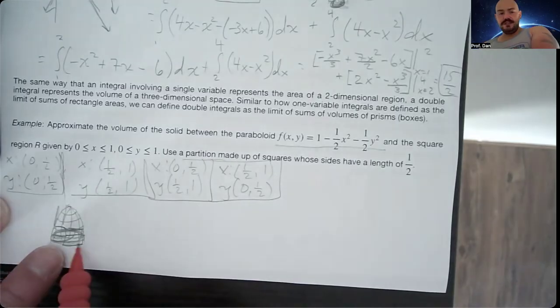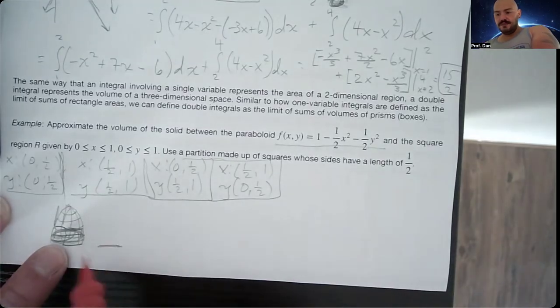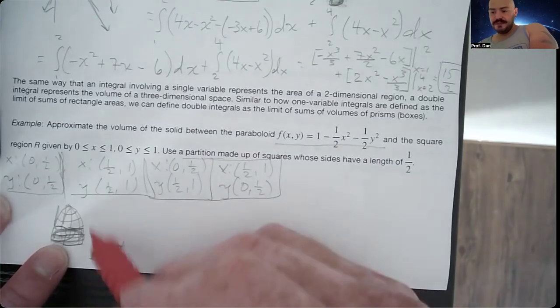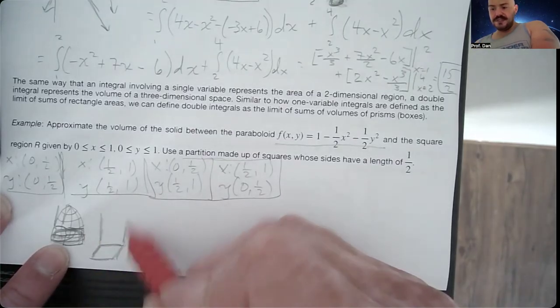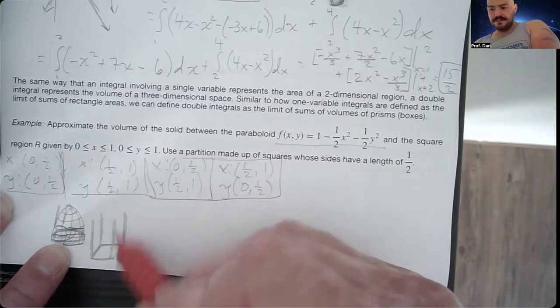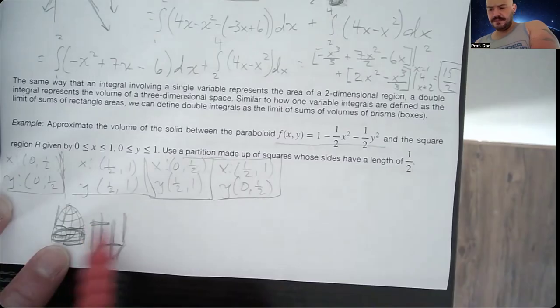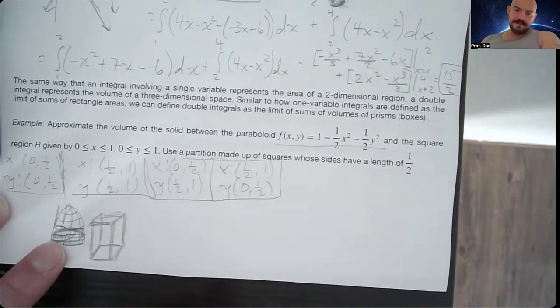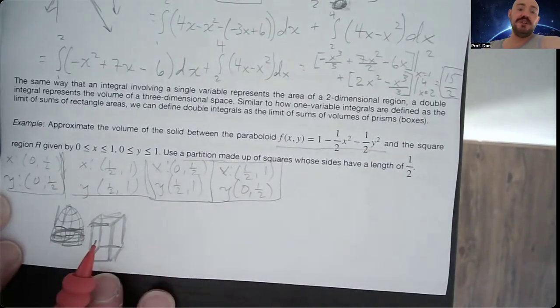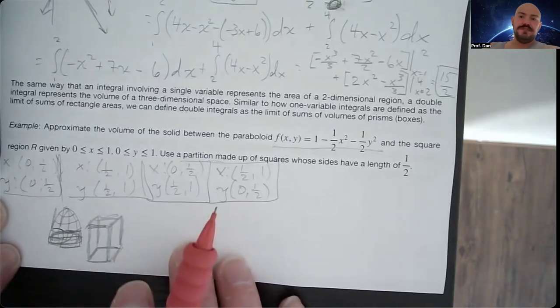So if I take this little piece here, essentially it's going to be this little square as your base, and then it goes up as high as the z coordinate goes. You see it makes a box, and we have 4 of them. So basically we need to find the volume of each of those 4 boxes.